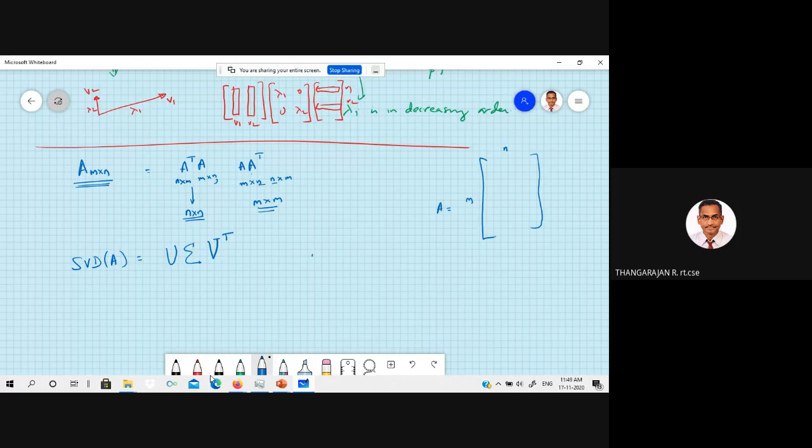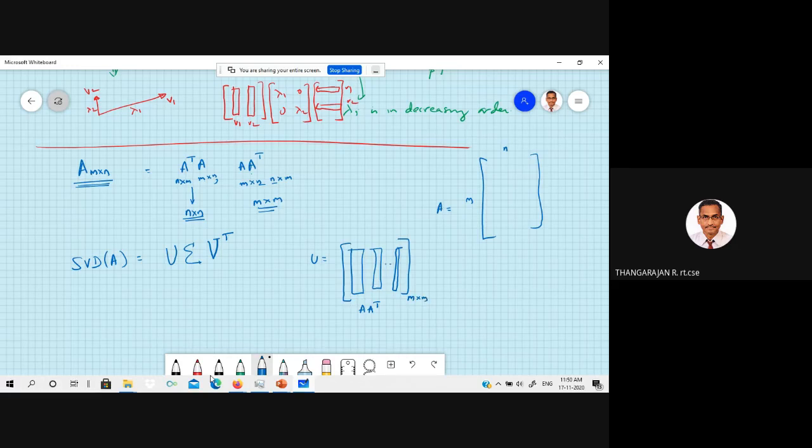U is a matrix whose columns are the eigenvectors of A A transpose. What is the size of U? The size of U will be m cross m.